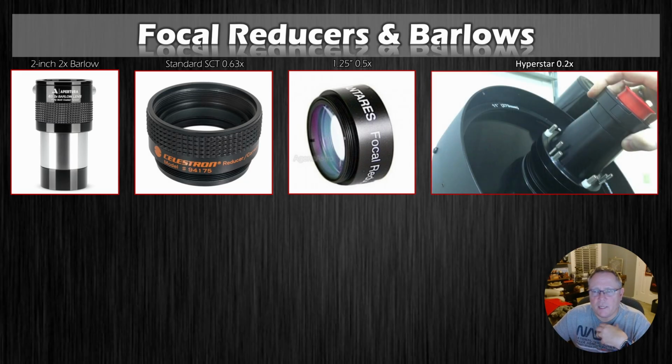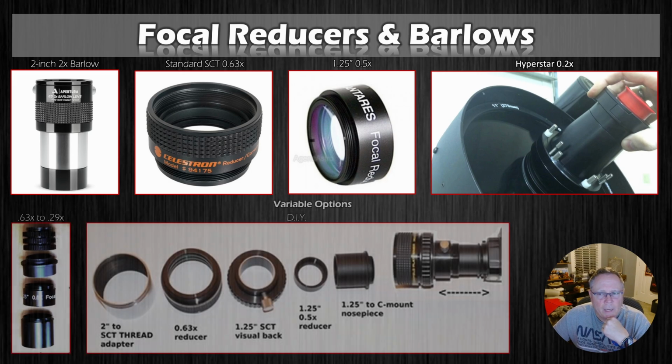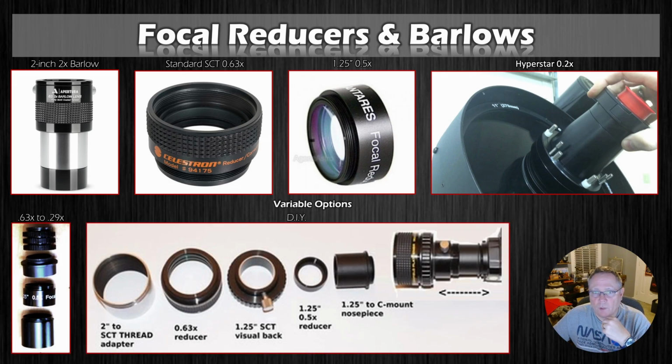And for SCTs that do have what's called the Fast Star system, you can actually mount what's called a HyperStar on the front, and you can get down to f2, or in this case, you can be at a 0.2 times focal reduction. Now, you can also put together variable options, and a lot of these are DIY, and they will alter how much focal reduction you're getting just by adding or removing spacers.